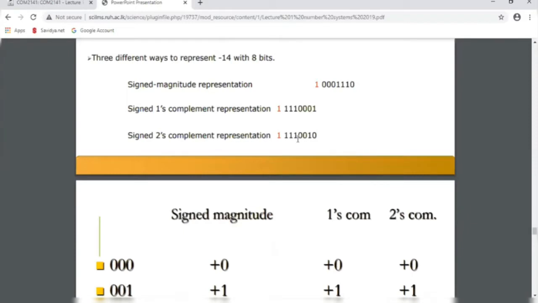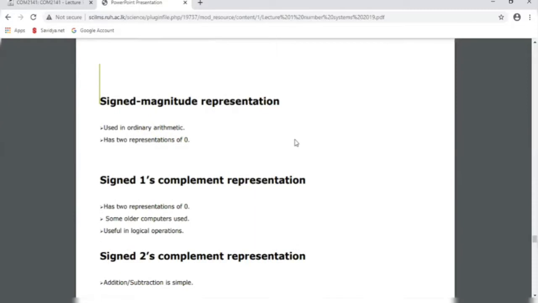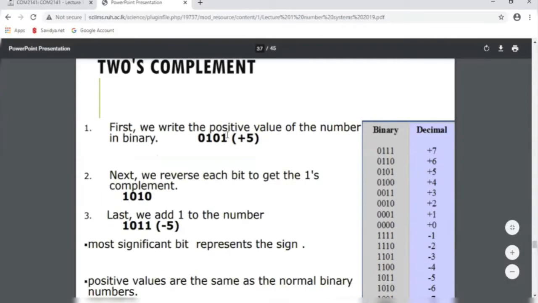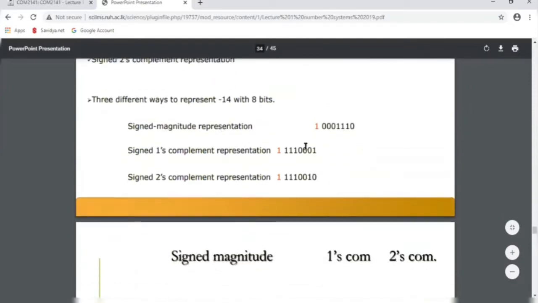In 1's complement representation, it has 2 representations of 0. So we just reverse each bit to get the 1's complement. So if this is the number, up to this point, we just reverse it.